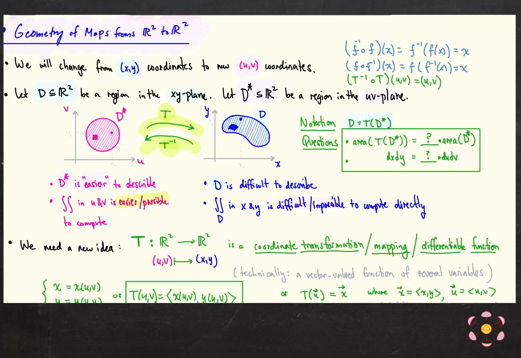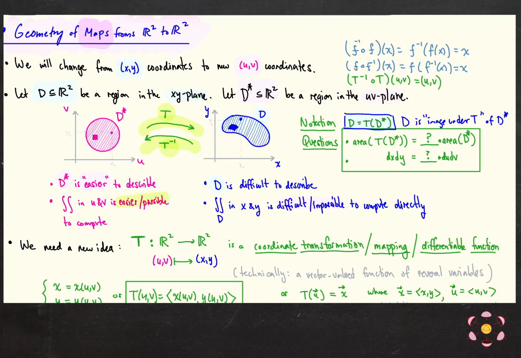And again, these are new functions that we are looking at, and we use this word map to denote that we're doing something slightly different. We would say that D is the image under T, the transformation, of D star. That's essentially what this notation suggests, which is also suggested in the pictures.